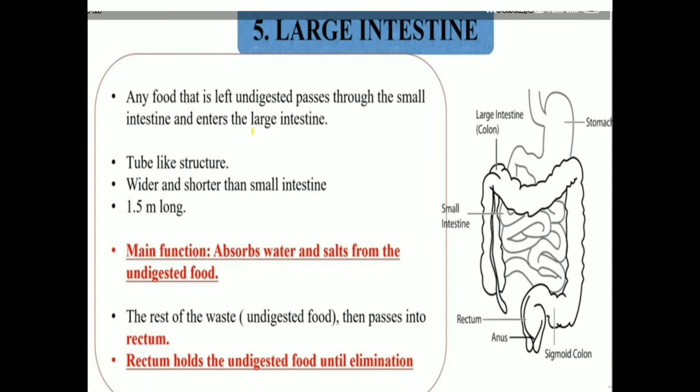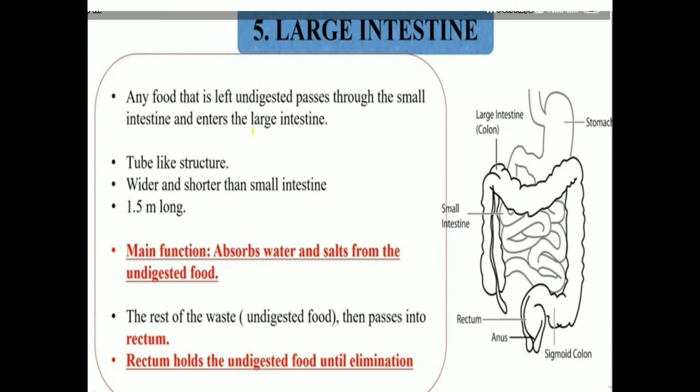What is the main function of the large intestine? It absorbs the water and salts from the undigested food, and then the rest of the waste passes into the rectum, and the rectum holds the undigested food until it is eliminated.